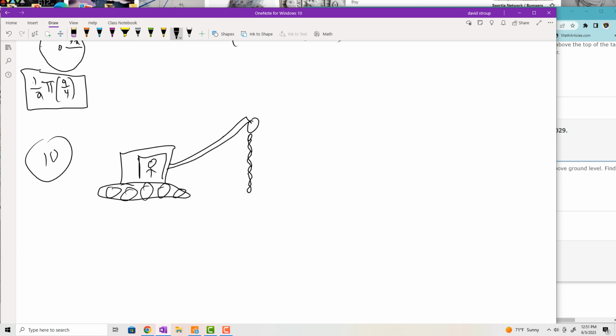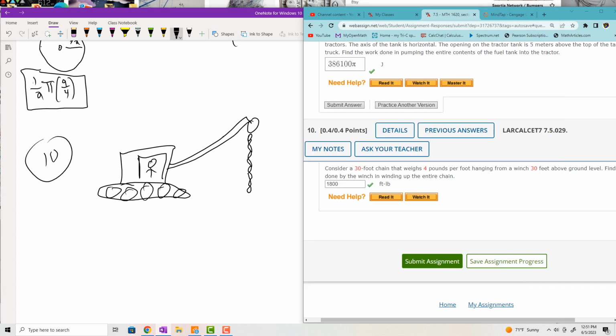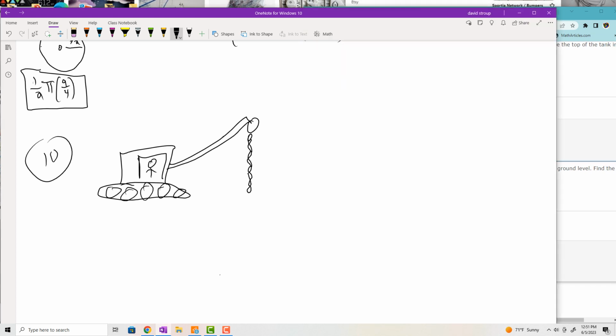This time, they give you the density of the chain, which is the weight per foot. Here our weight density is 4 pounds per foot. Here is just some particular wedge of chain. The force increment for that piece of chain is going to be the weight of the chain times the amount of chain.